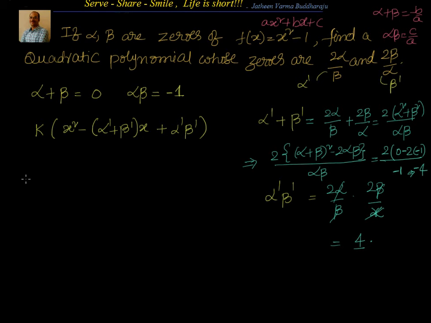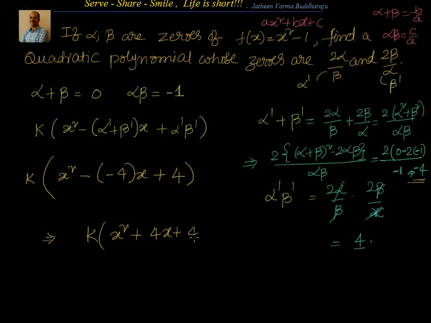If you just substitute those values back, we will have k into x square minus alpha dash plus beta dash, which is minus 4, into x plus alpha dash beta dash equal to 4. That will be k into x square plus 4x plus 4.